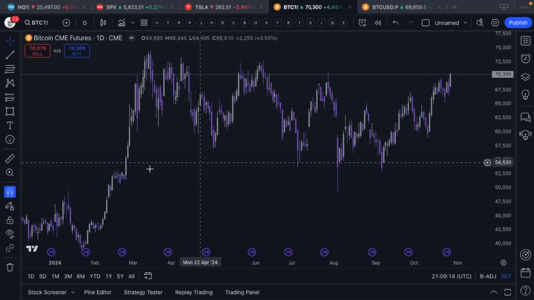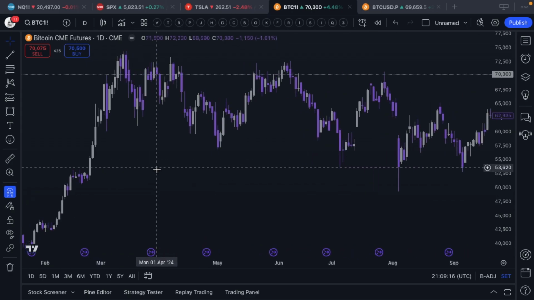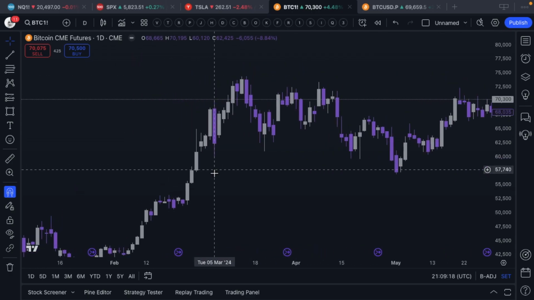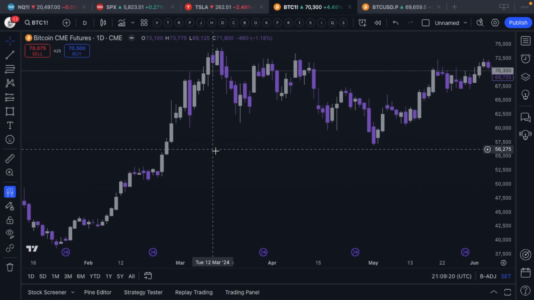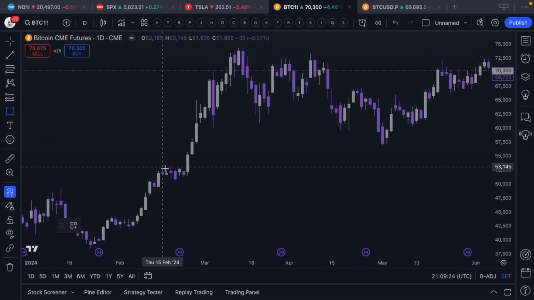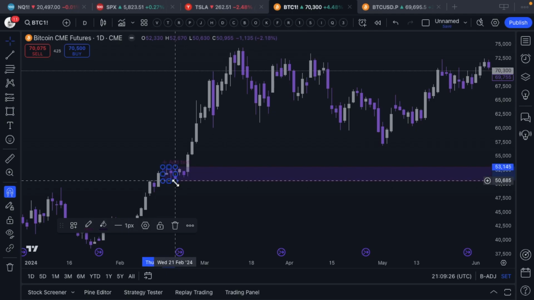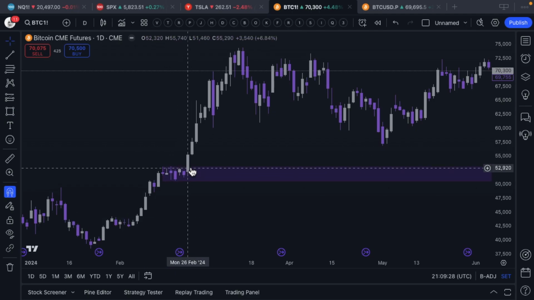All right, but what we're going to look at is these sort of patterns here, where you can clearly identify that we've consolidated here. All right, so this is a small consolidation zone. And then price breaks away from this zone, creating a breakaway gap.